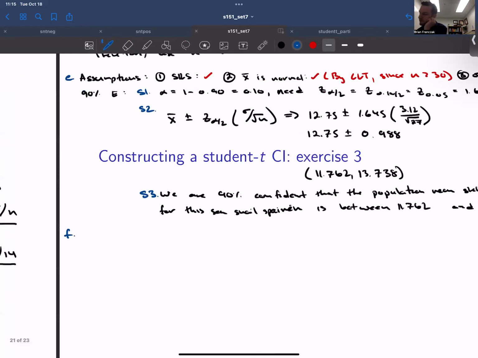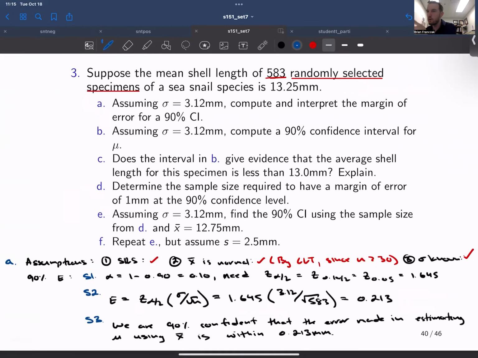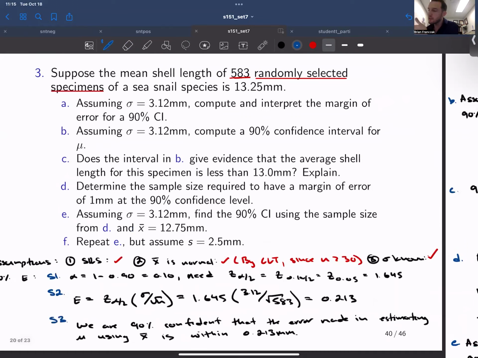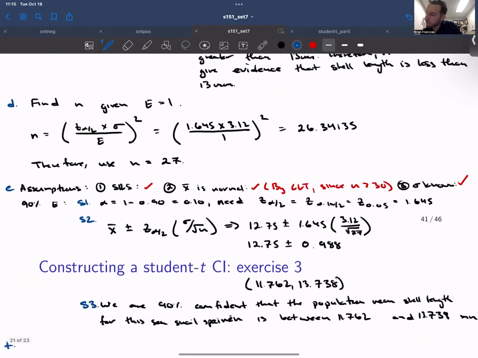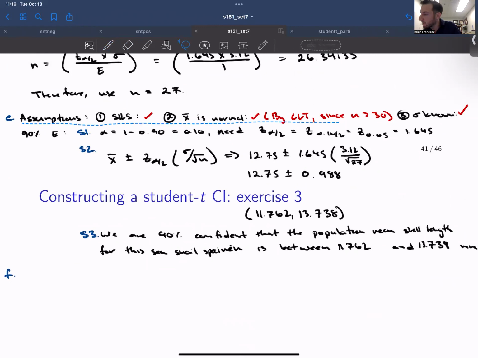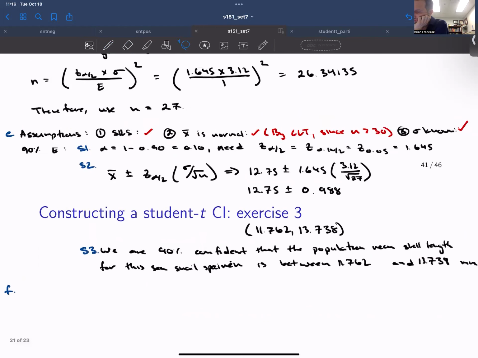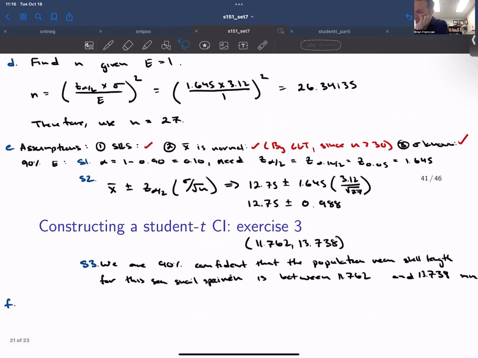All right. And then in part F, it says, repeat the calculation, but assume S is 2.5. So in part F, we're saying, okay, imagine that you no longer have sigma. So if we were to take this initial assumption check from up here, oh no. I got way too far ahead of myself there.